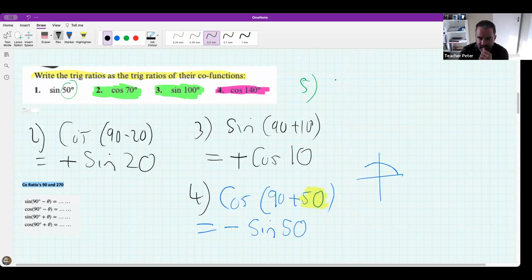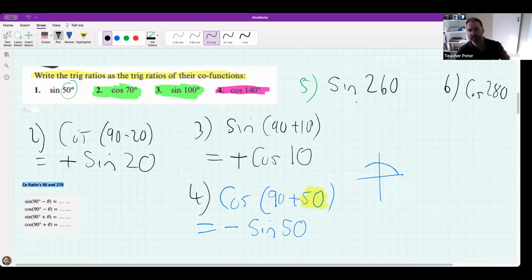But let's say I have the sine of 260. Can you reduce that using a co-function? And I also want you to do the cos of 280. So can you reduce the sine of 260 and the cos of 280 using co-functions? Off you go. See if you can do that.